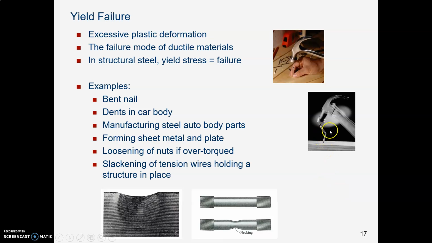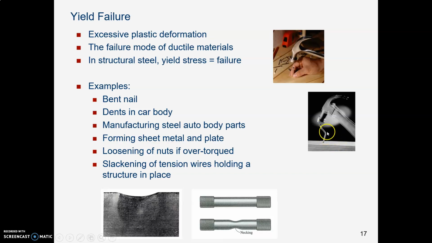That is yield failure. I don't know if you've ever worked for an employer who said, well, we want to save money, I want you to take these bent nails and pound them out straight again and we'll use them again. I've known of a couple of organizations in town who did that. What's wrong with that?